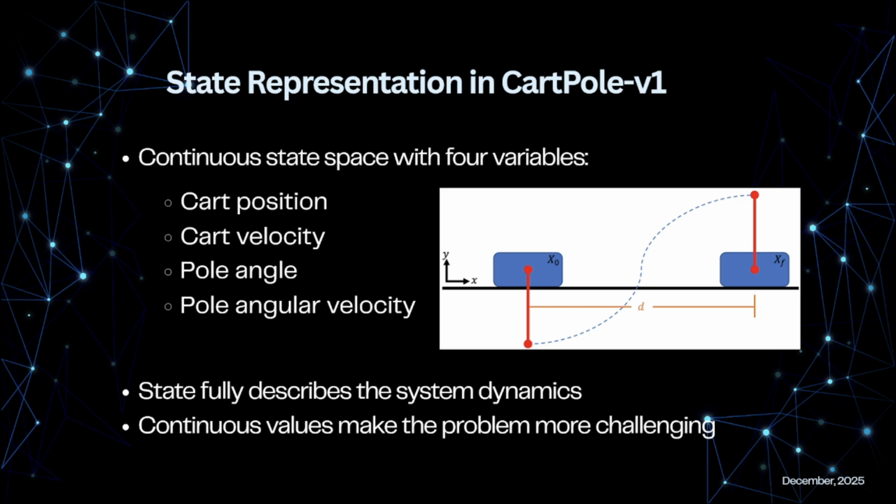The next part is the state representation in CartPole-v1. To make decisions, the agent relies on the state information provided by the environment. The state is represented by four continuous variables: the cart's position and velocity, as well as the pole's angle and angular velocity.